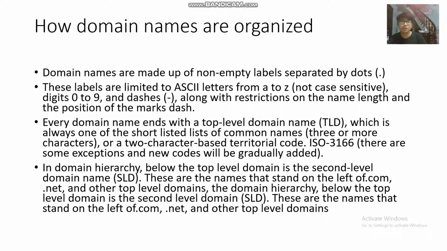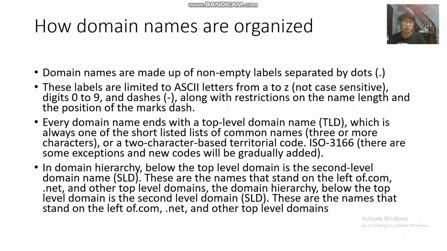Next, we are talking about how domains are organized. Domains are made up of non-empty labels separated by dots, and the labels are limited to the ASCII letters from A to Z, not script, and digits from 0 to 9, along with the restriction on name length.